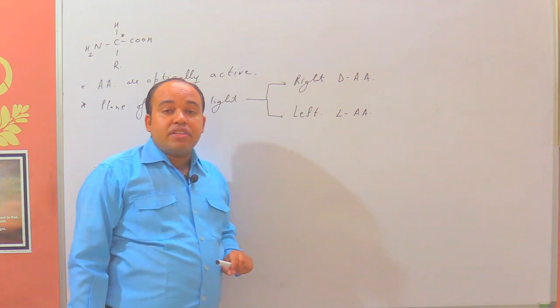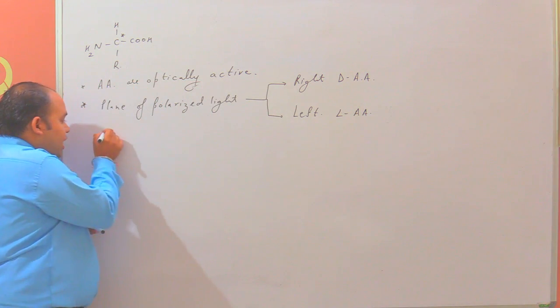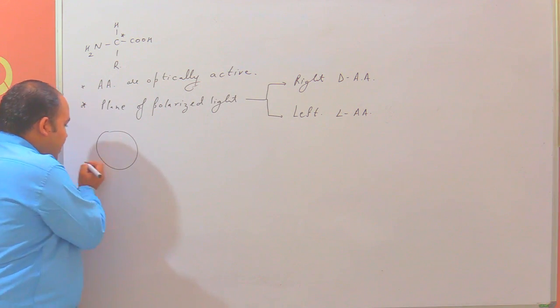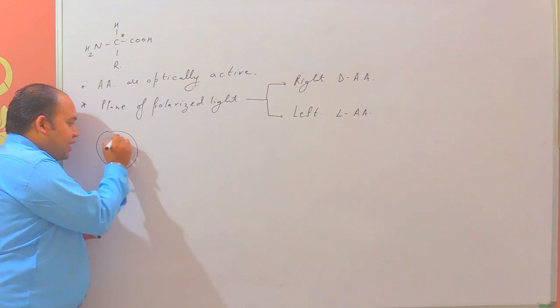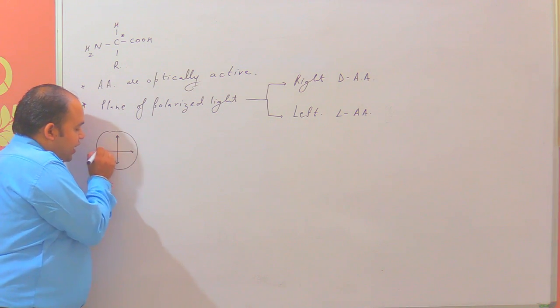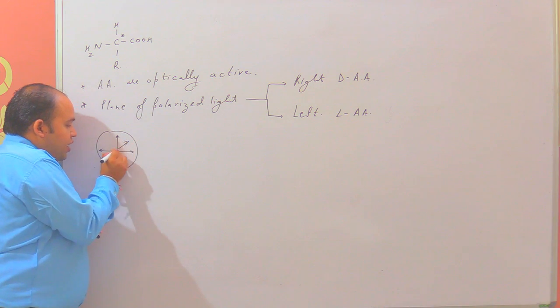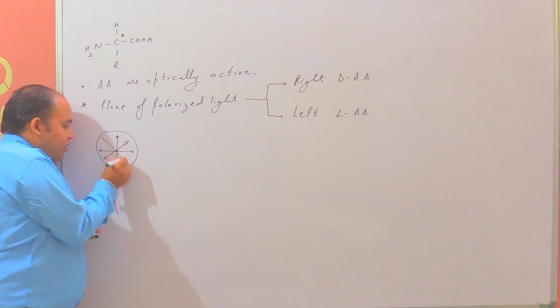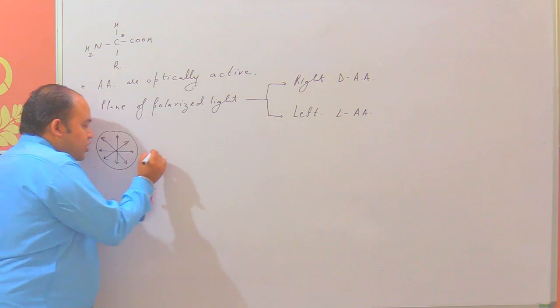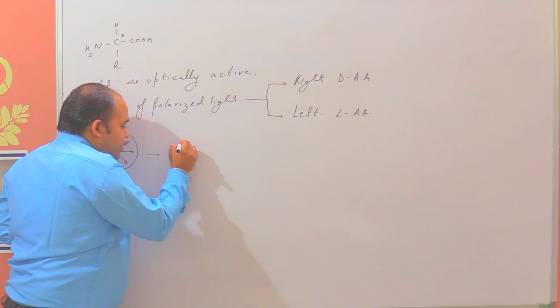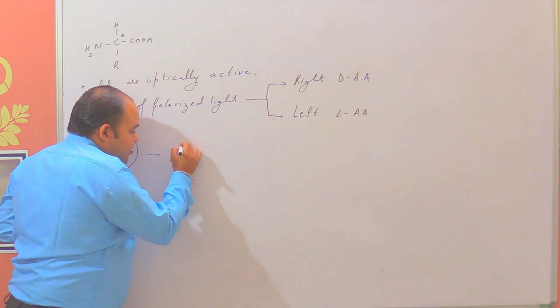In the experiment, a light source is taken. There is a light, and this light has rotations in every direction, with particles moving in every direction. Then this light is passed through a prism, referred to as the Nicol prism.